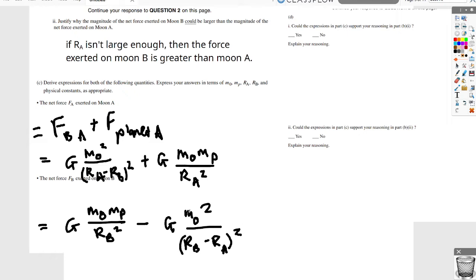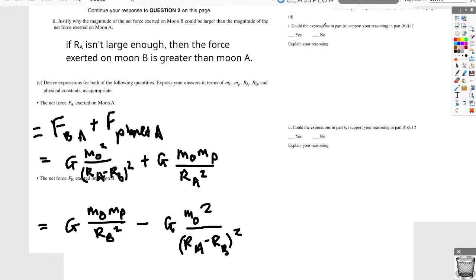If you look at these two equations, you can note that the only way for this equation to be smaller than this equation is for RA to be massive, really, really big. Or else it wouldn't work.